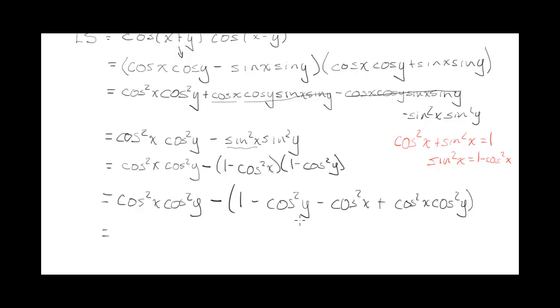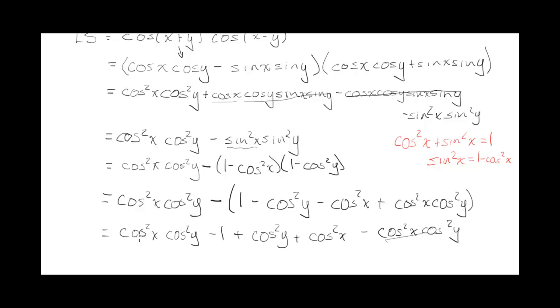Expanding the negative into the bracket, you get cosine squared x cosine squared y minus 1 plus cosine squared y plus cosine squared x minus cosine squared x cosine squared y.